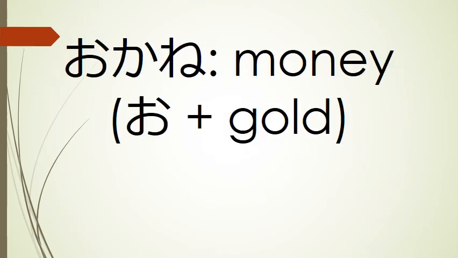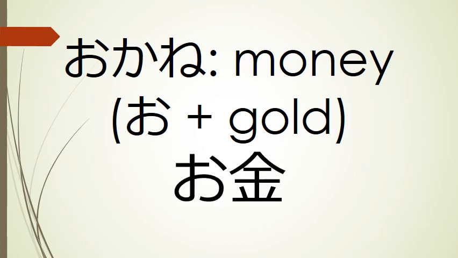Our next word is okane, which means money. And to write this, you are going to write o and the kanji for gold, okane. Okane, money.